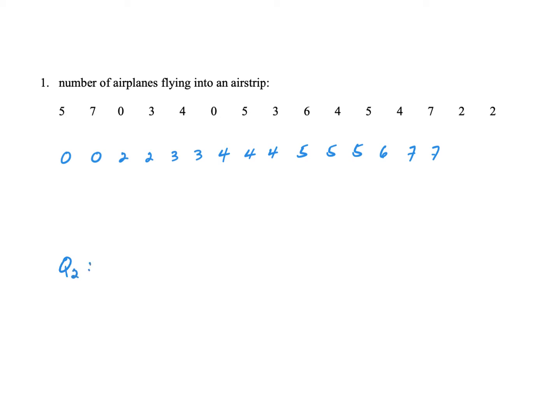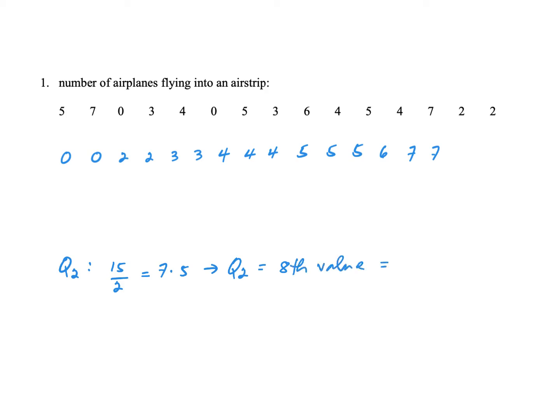Since we have 15 values here, finding the second quartile is the same as finding the median. So we have 15 values divided by 2. It's 7.5. It means that the second quartile is the 8th value.